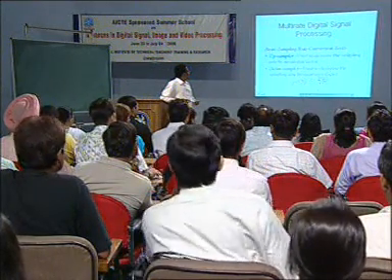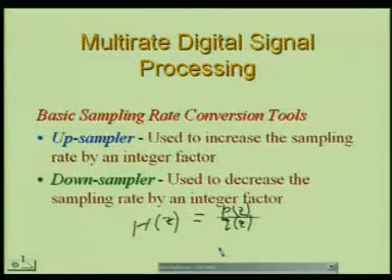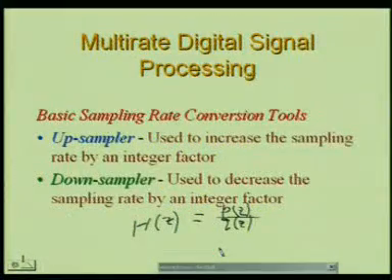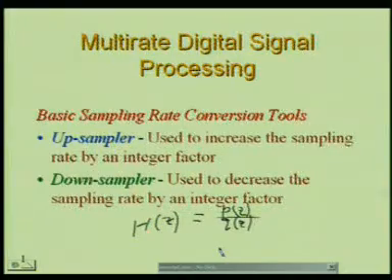The basic sampling rate conversion tools are: number 1, upsampler. Upsampler may be treated as a device. In brief, we can consider it as a device which is used to increase the sampling rate by an integer factor, say capital L. With the help of upsampler, I can increase the sampling rate.